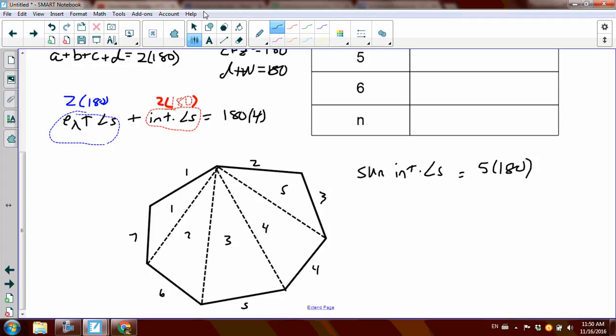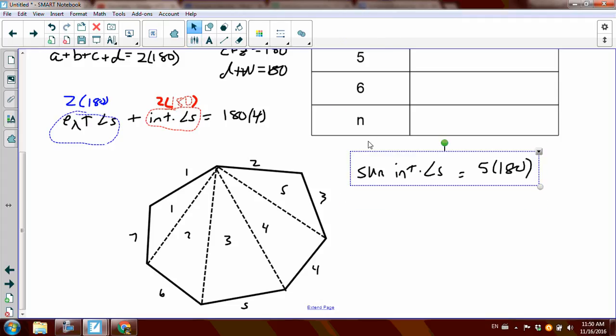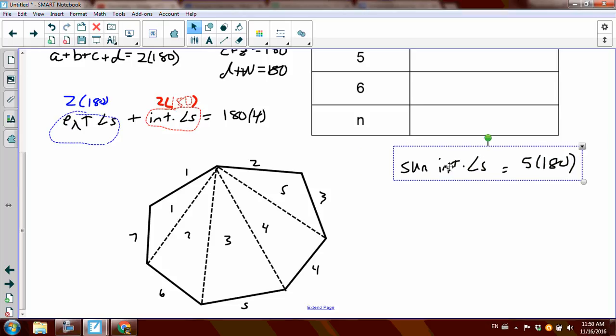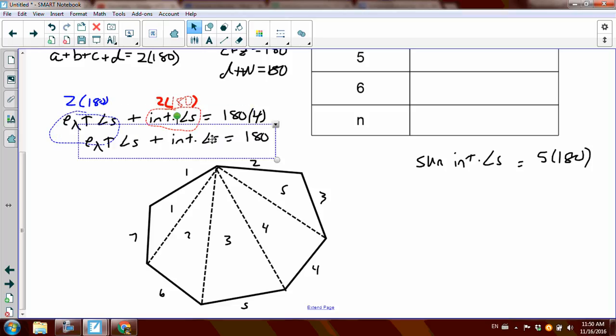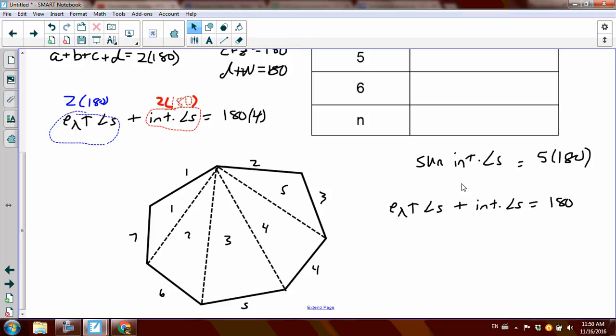Now, what about the interiors plus the exteriors combined? Let's take this equation. Interiors plus exteriors. So interiors plus exteriors is going to be, how many linear pairs does this heptagon have?